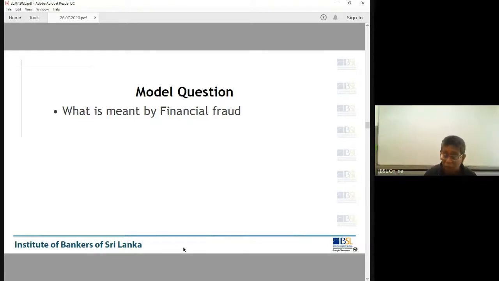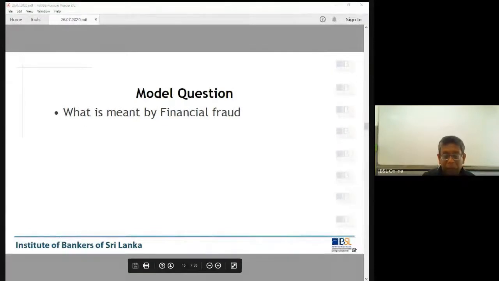Not only stealing funds by unauthorized ways, but also showing high financial performance comes under financial fraud. Remember both. If you want, within brackets you can put showing high performance. There is a technical word we call it. Can anybody tell me what we call showing high profits in a financial statement?